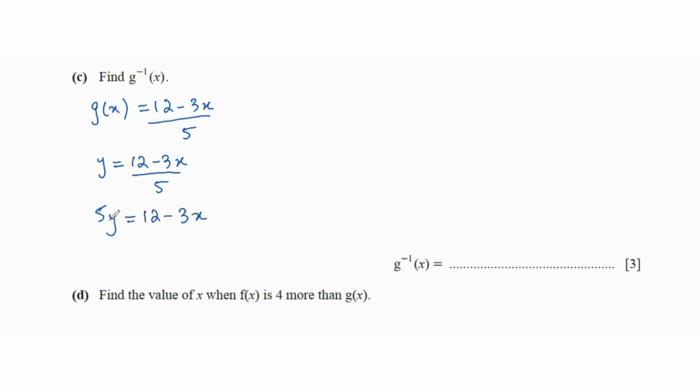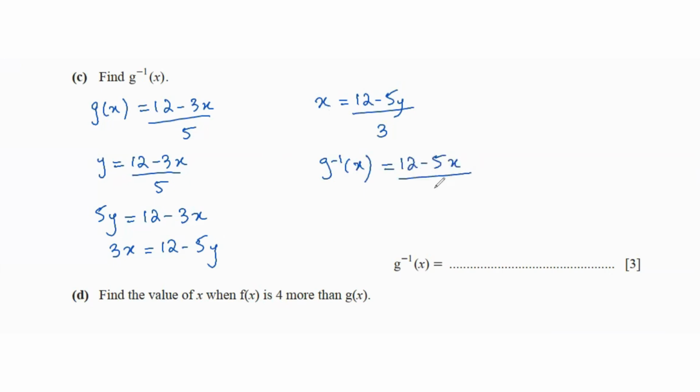Then I'm going to swap 5y with 3x. So it's going to be 3x equals to 12 minus 5y. And then x is going to equal to 12 minus 5y divided by 3. Last step is going to be replacing x with g inverse of x and y with x. So 12 minus 5x over 3 is the inverse of this function.